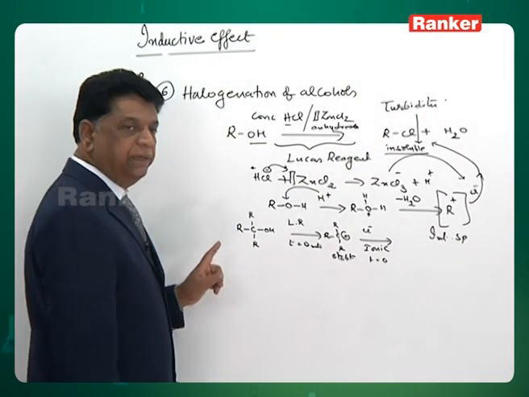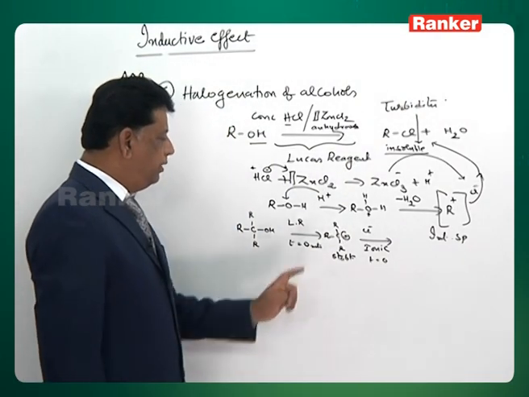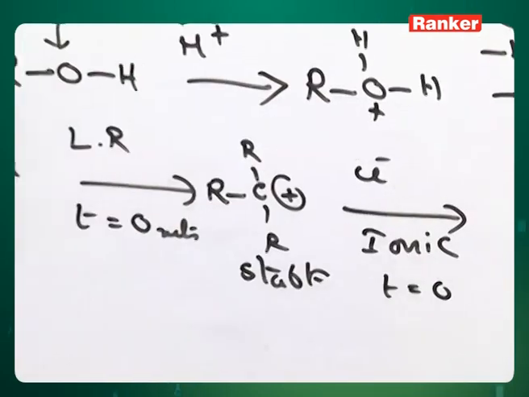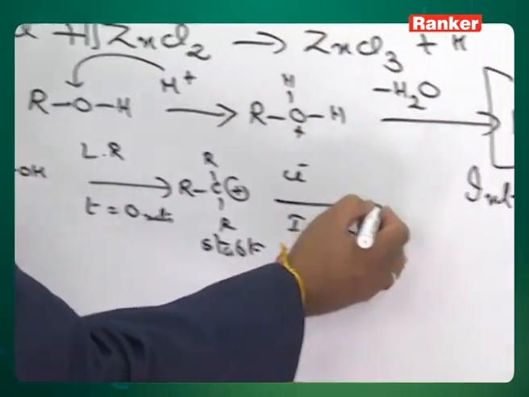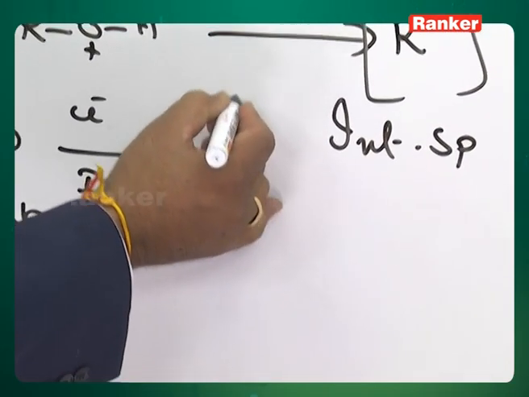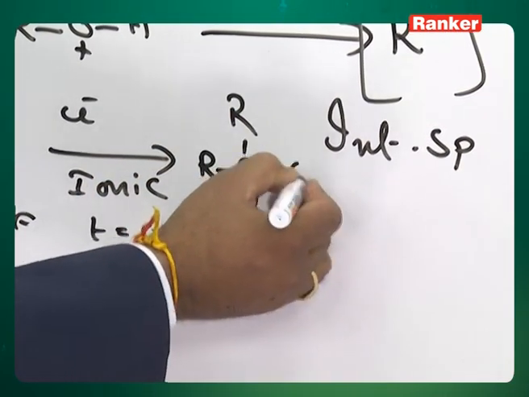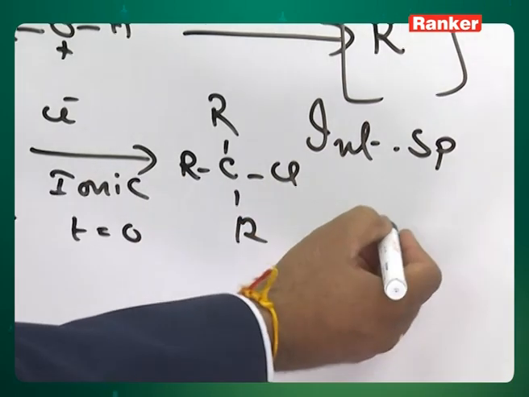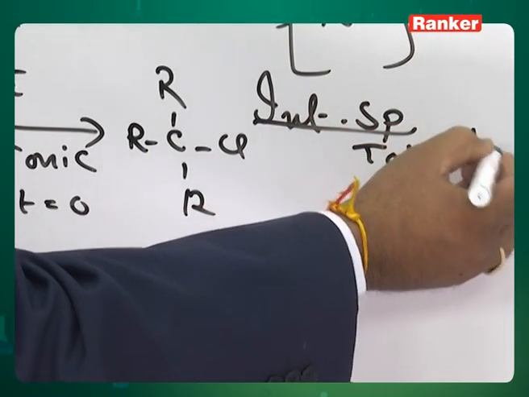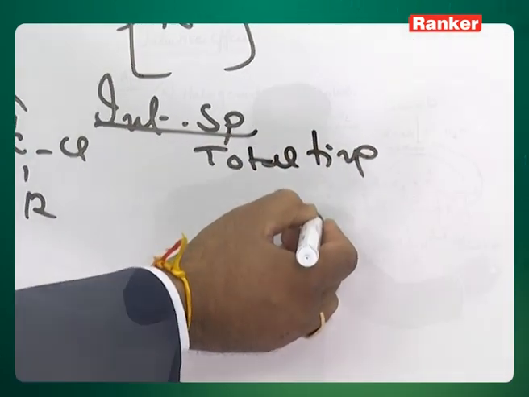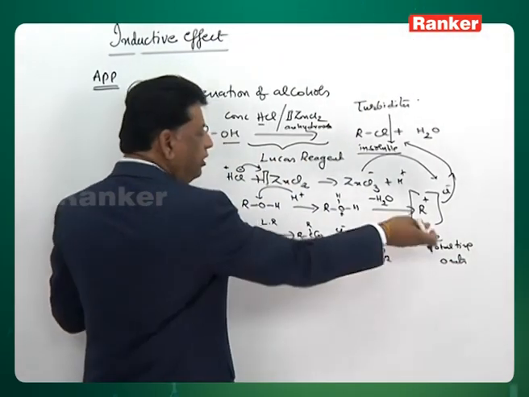So, step 1 is 0 minutes because it is stable. Step 2 is 0 minutes because it is an ionic reaction. So, finally the tertiary alkyl chloride is formed. The total time required is also 0 minutes only, because 0 plus 0 is 0.